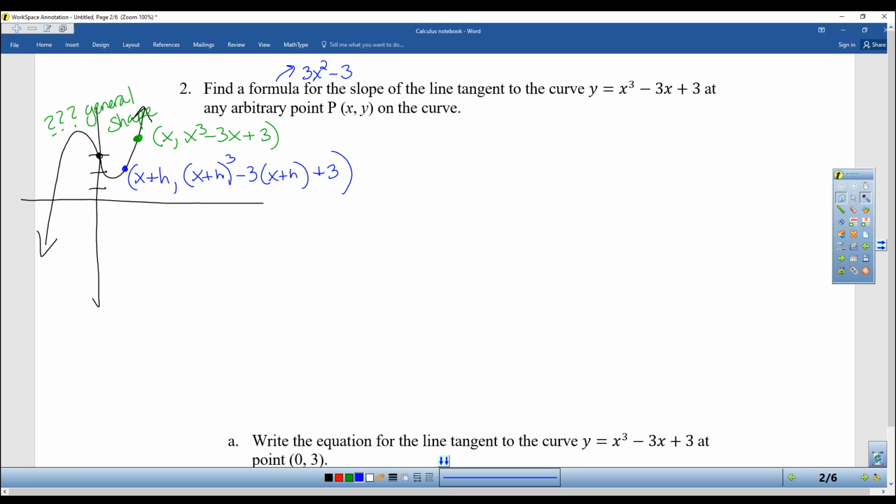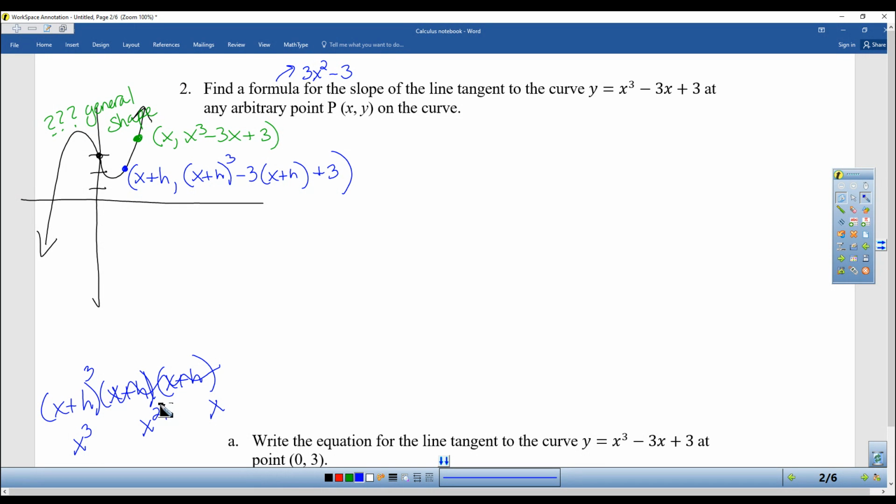So some of you are going to have to multiply x plus h out 3 times. Have fun with that. I hope that goes well for you. It's pretty long. But anybody that actually liked Pascal's triangle back in pre-calc might remember that when you have a cubic, the shortcut is to say it's going to go x cubed, then x squared, then x, then no x's.